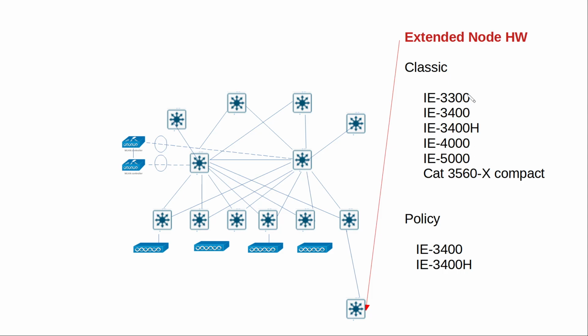The hardware that you can use for the extended nodes is hardware that is capable of running in extreme conditions, because you want to install this in a factory or in a warehouse, for instance. So this is the hardware that will support being a classic extended node, and this is the hardware that can support being a policy-based extended node. That's it.